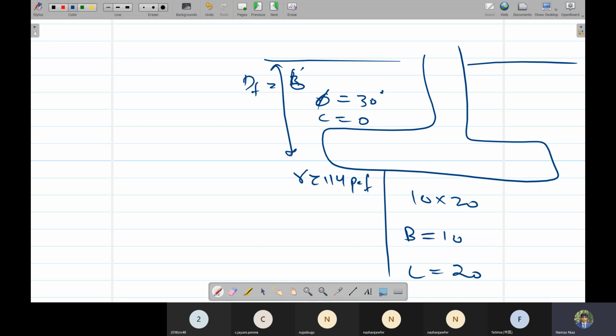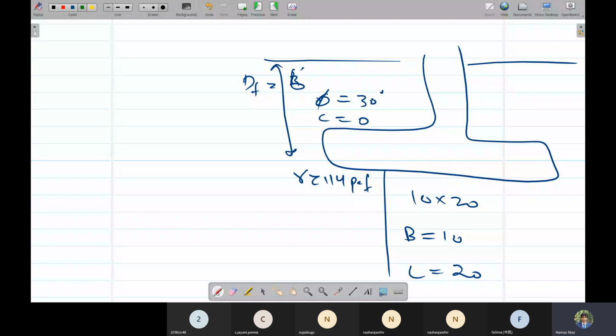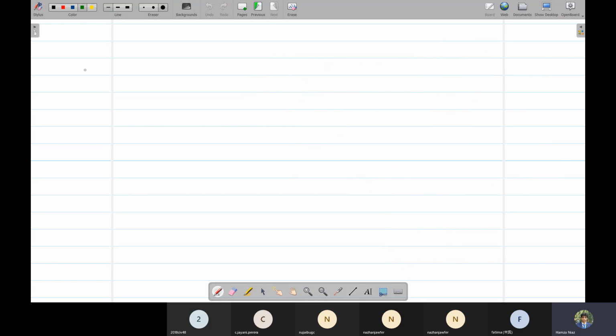Right, so all this is given in the question. We have to find Q, this Q load. So this is a simple question. We first use the expression to calculate net bearing capacity.